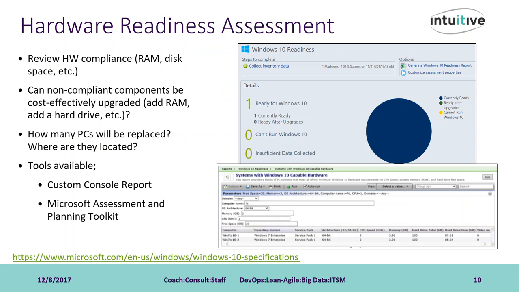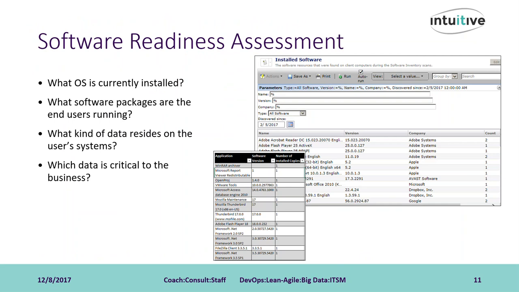There's also a second tool available directly from Microsoft as part of the Microsoft Assessment and Planning Toolkit for your migration. And I've included a link at the bottom of this slide that points to the download of that tool.